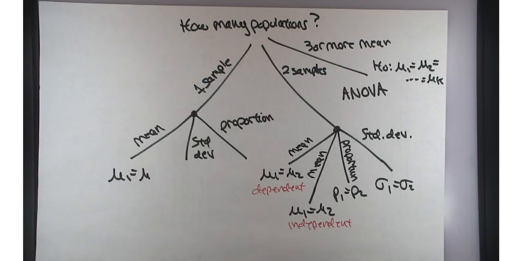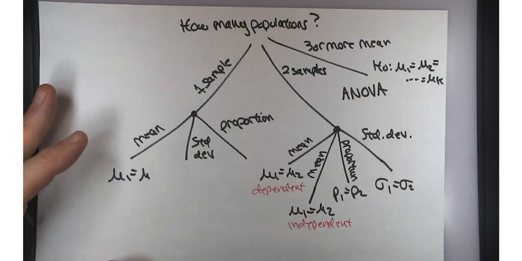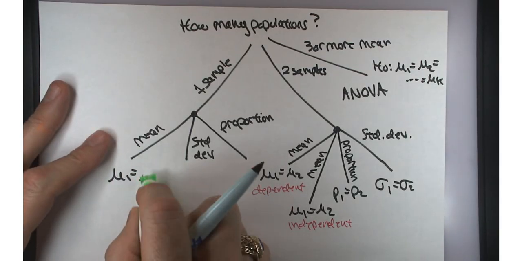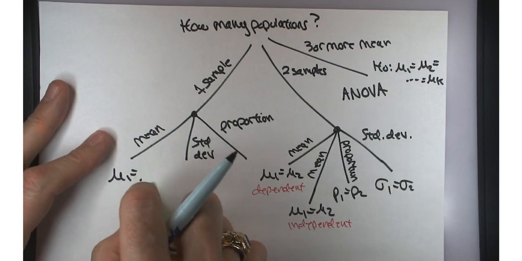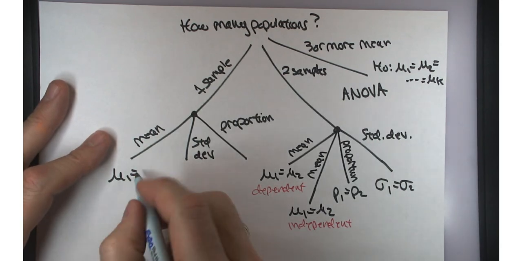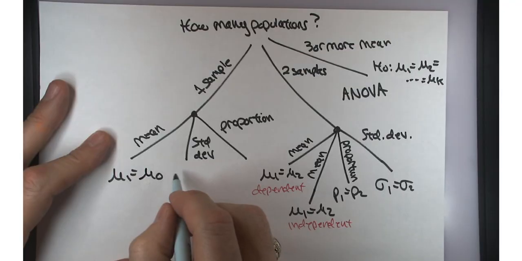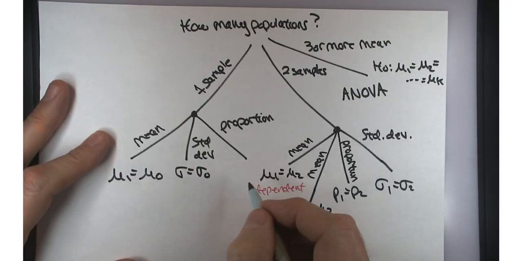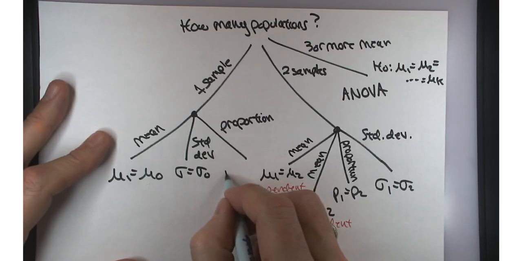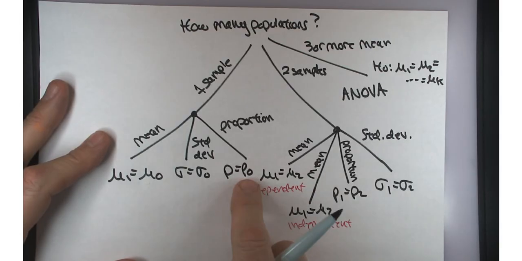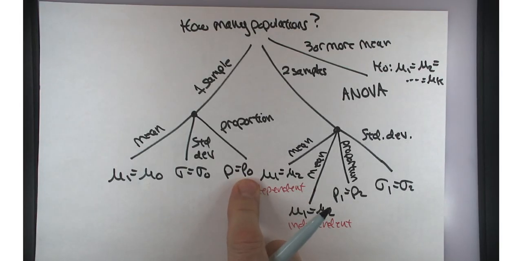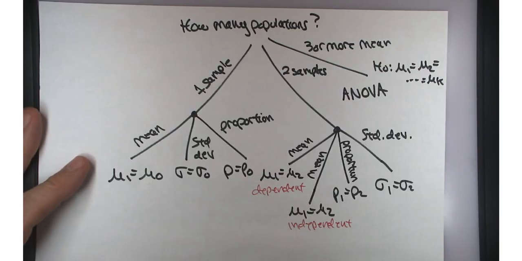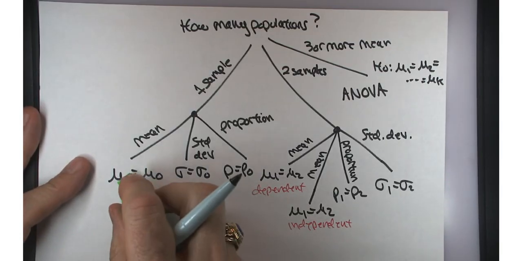We typically denote it with mu sub 0. So this is one population, mu sub 0. Standard deviation, likewise, sigma equals sigma sub 0. And proportion, p equals p sub 0, some specific value. I probably shouldn't put a mu1 there. Maybe it's a little bit misleading.